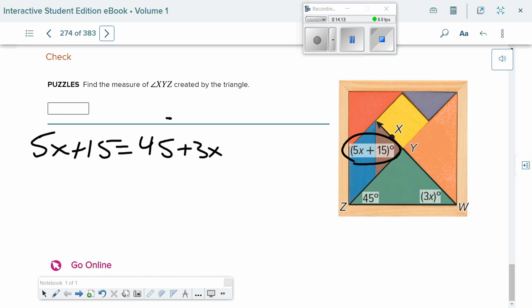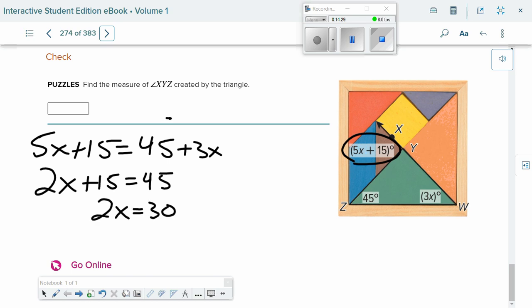Okay. So in this case, I'm going to subtract 3x from both sides. I'm going to go ahead and subtract 15 from both sides. And I'm going to divide by 2, and I get 15.